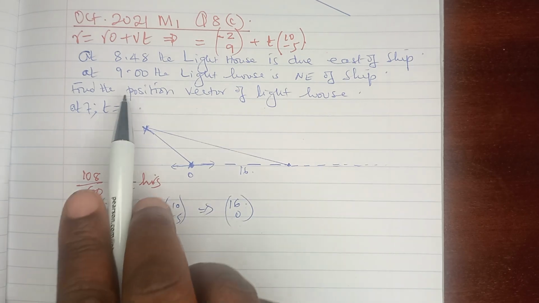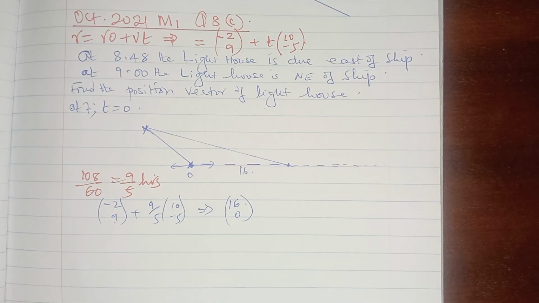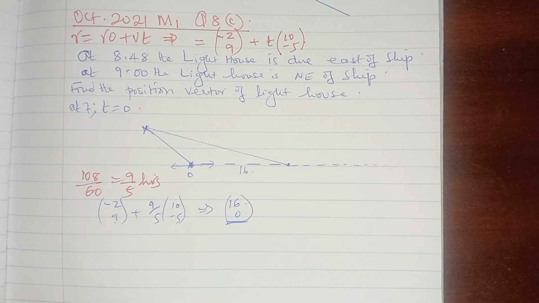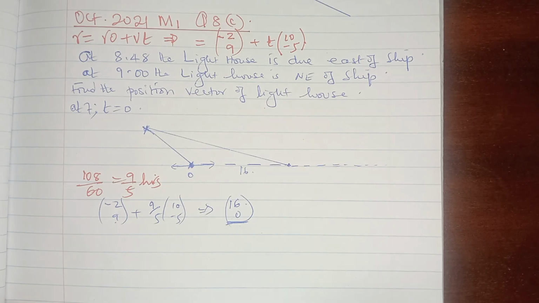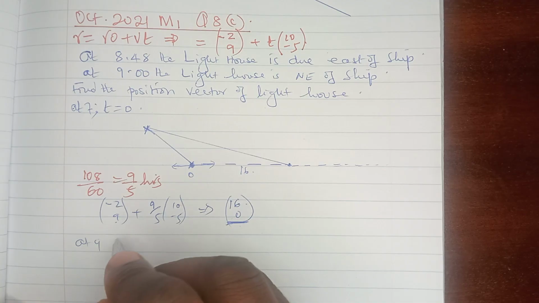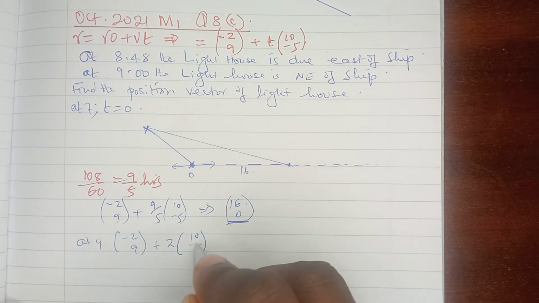Then at 9 o'clock, the lighthouse is northeast of the ship. So we want to know the position vector of the ship at 9 o'clock. From 7, that is 2 hours. So the position vector is -29 plus 2 times (10, -5).